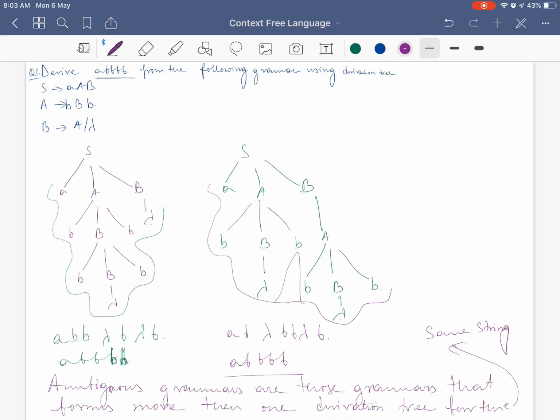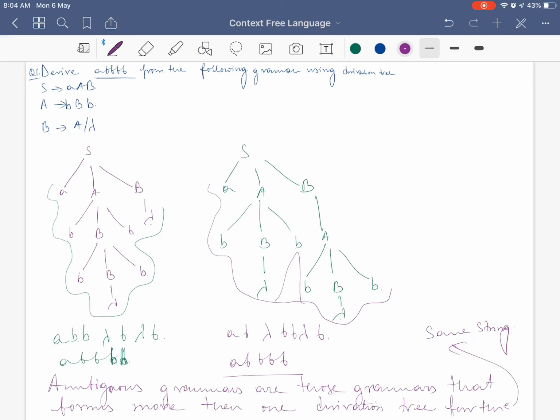Now another notable thing is that, as we found earlier, this grammar is a non-linear grammar also. So we have already told earlier that all the non-linear grammars are ambiguous. So why is ambiguity dangerous for compiler design and also any programming language design?